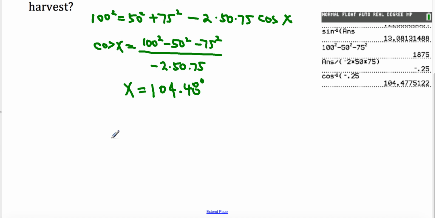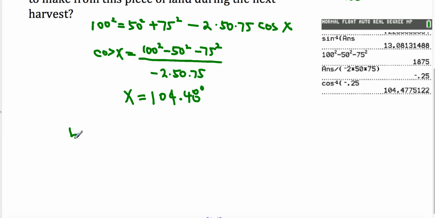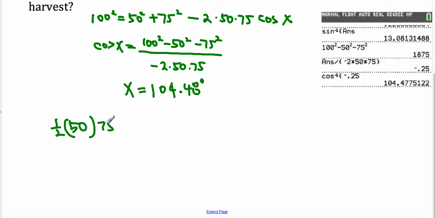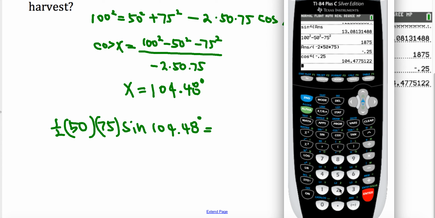So area would have been 1/2 times 50 times the other side, 75, and then sine of 104.48. Then we get 1/2 times 50 times 75, and then sine of 104.48.